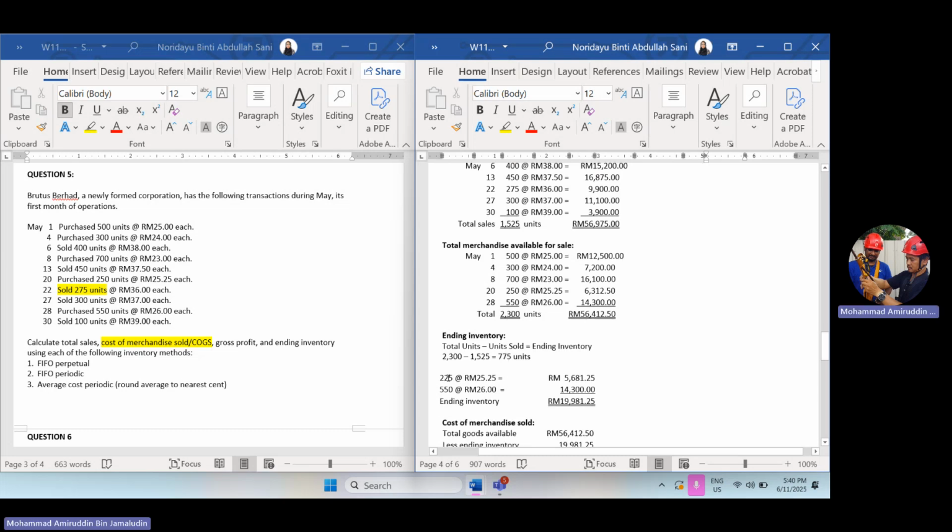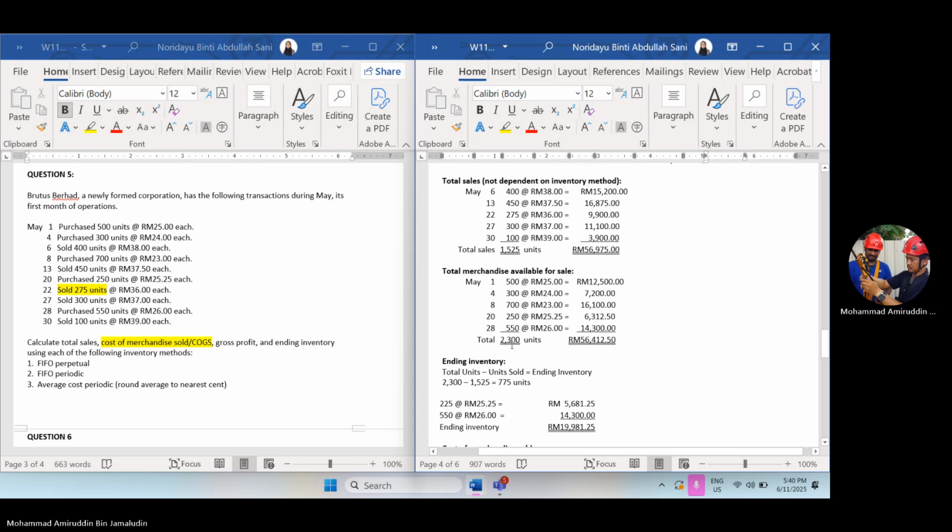And then here, look, how do I determine this 225? I need to sell 1525. In my store, I have 2,300. First in, first out. So to fulfill 1525 units sold, I sell this one 500. I sell this one 300 units. I sell this one 700.